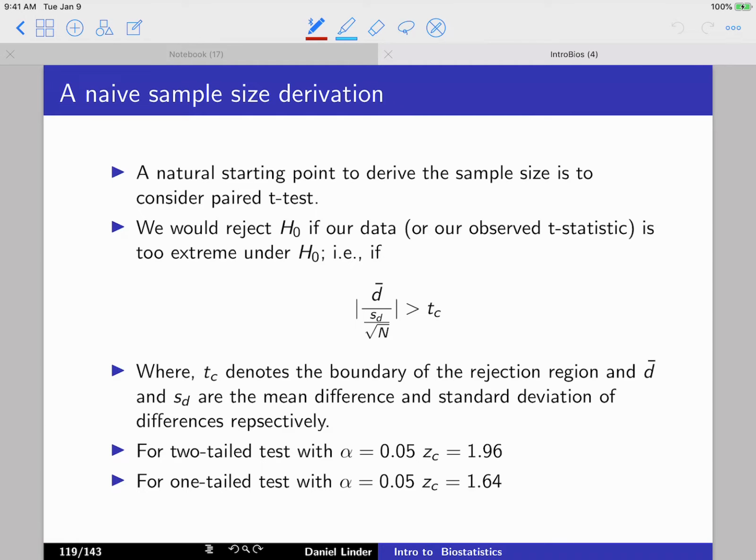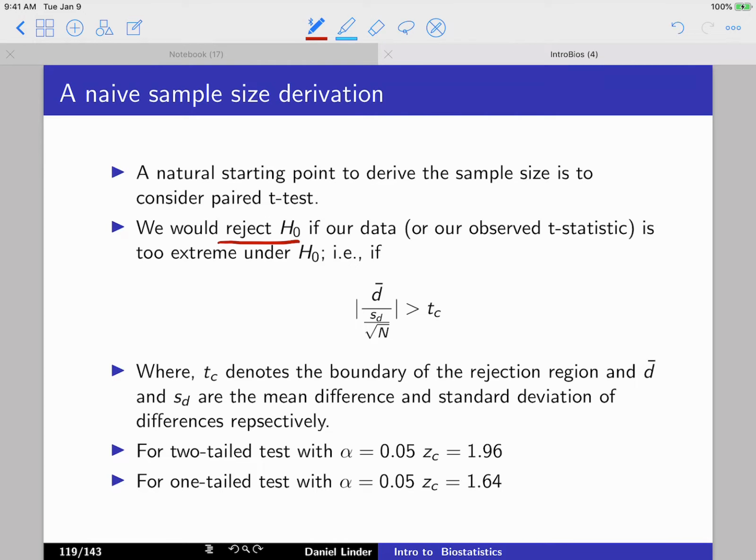So how do we get at this sample size and get some more intuition about it? One thing we can do is start out with a naive sample size derivation, which is in your book, and it starts out by looking at a paired t-test. We're trying to determine when we would reject H naught.